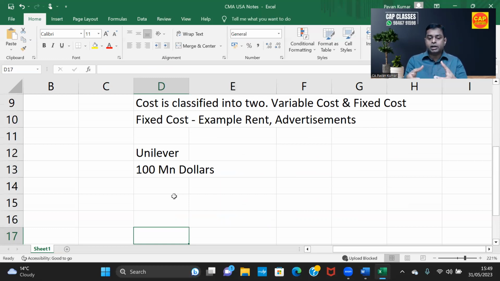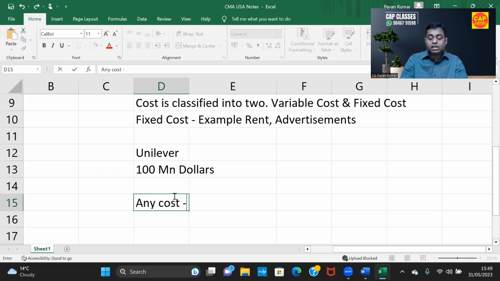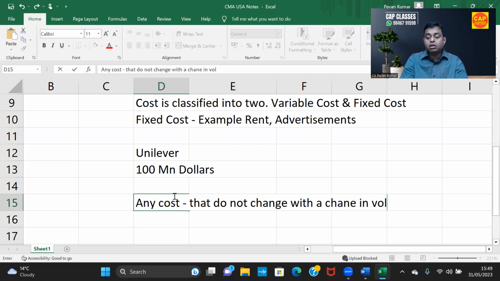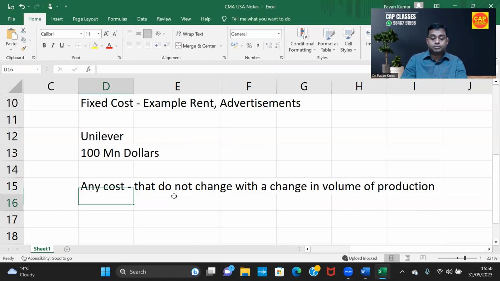Now, how many soaps, shampoos, moisturizers or detergent tablets Unilever manufactures will not have any impact on this $100 million, because this is a fixed cost. So any cost that does not change with a change in volume of production is called fixed cost.